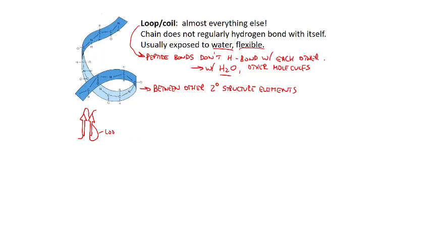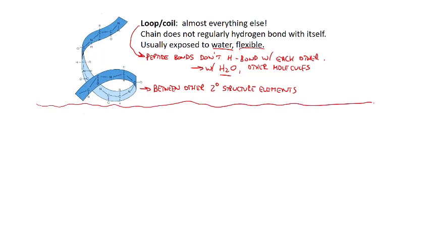So in that case, we have a loop connecting two strands of a beta sheet. So that basically does it for secondary structure, right?